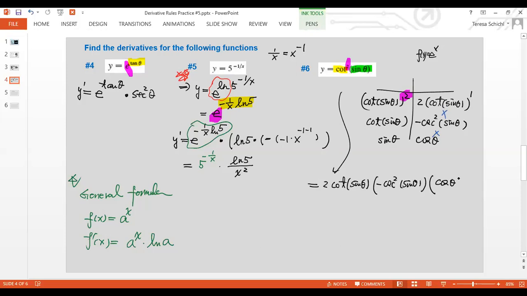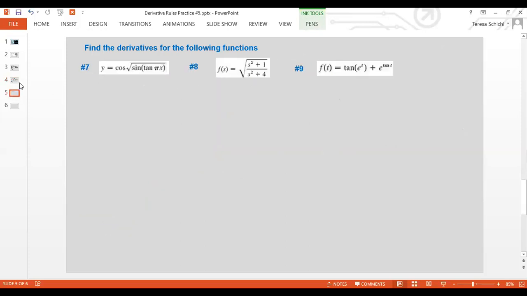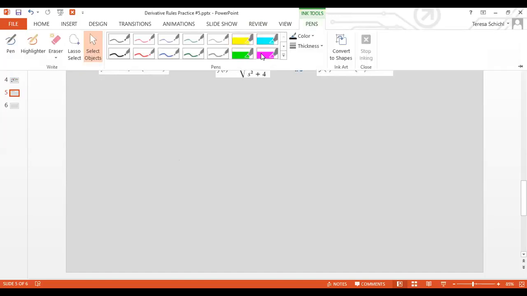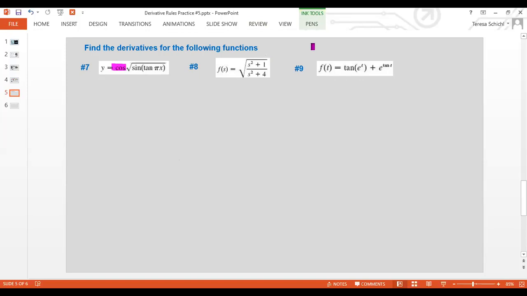For this problem, doing a table is a little easier. Right now you have 3 layers, so you need to do the composite function 3 times. Now let's look at this one, which is even more interesting. My first layer is a cosine.